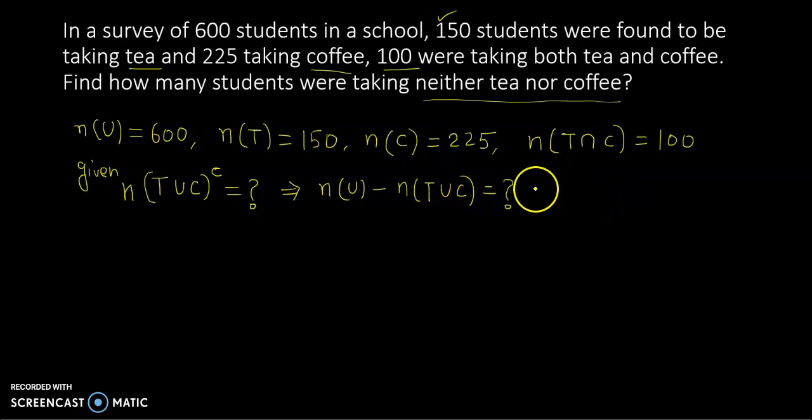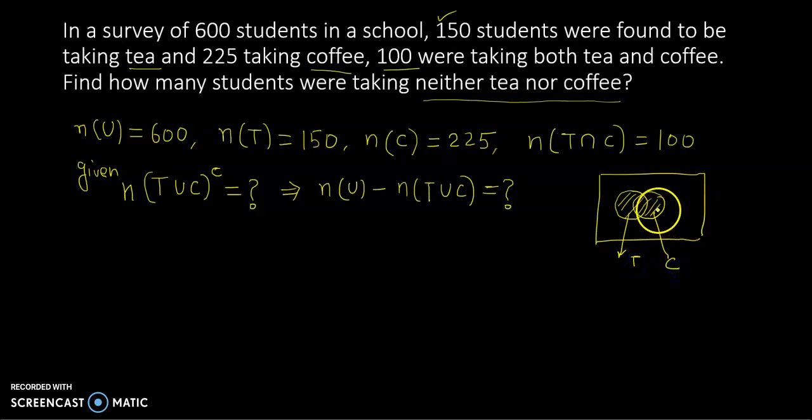And it's pretty simple also, because if I see this entire Venn diagram, let me draw a Venn diagram for better understanding. These are the students taking tea, these are the students taking coffee. So this is tea, this is coffee, and this entire shaded portion is representing the students taking tea or coffee, and this dotted portion outside is going to represent the number of students who are neither taking tea nor taking coffee.